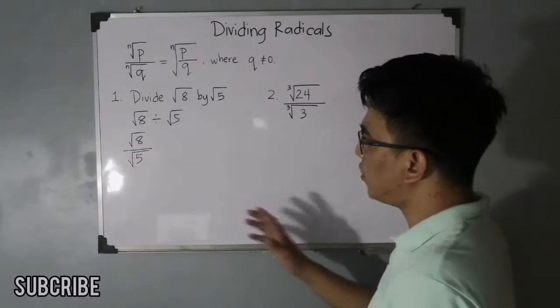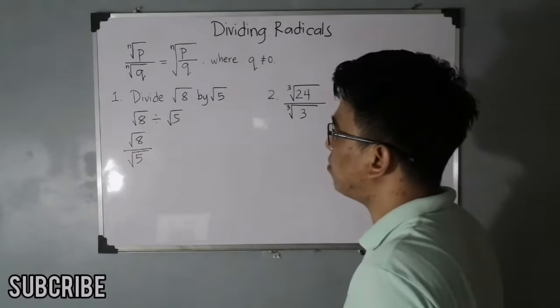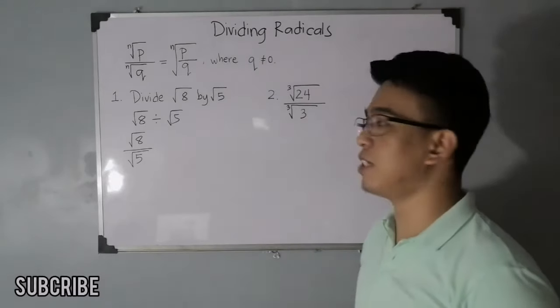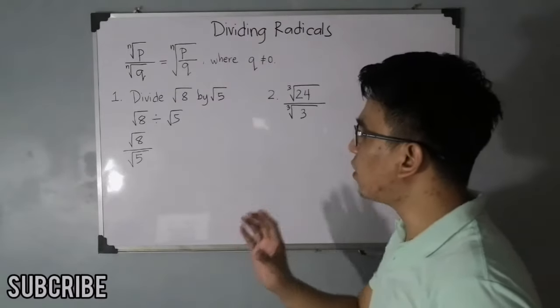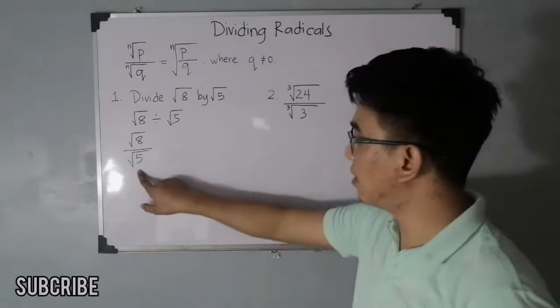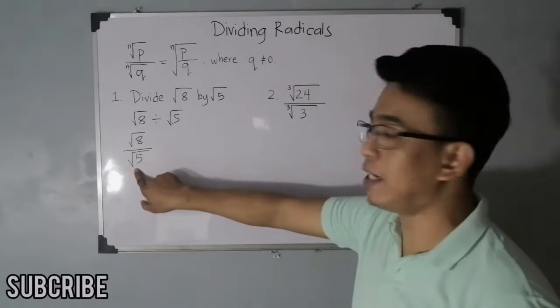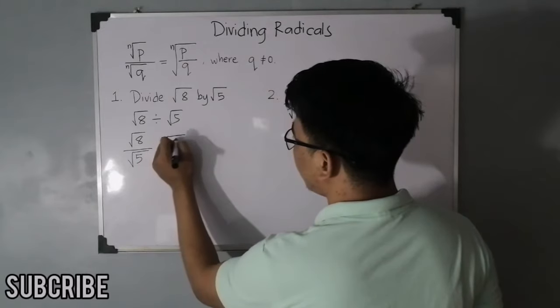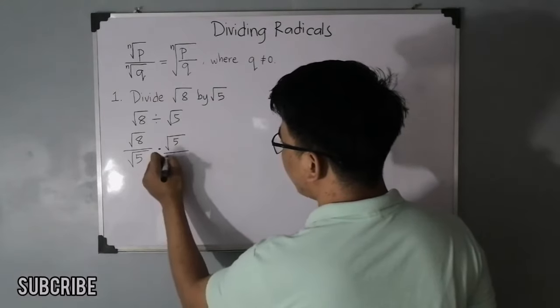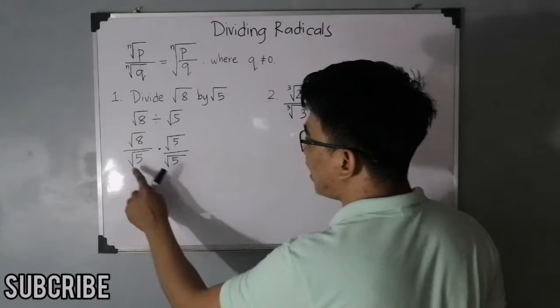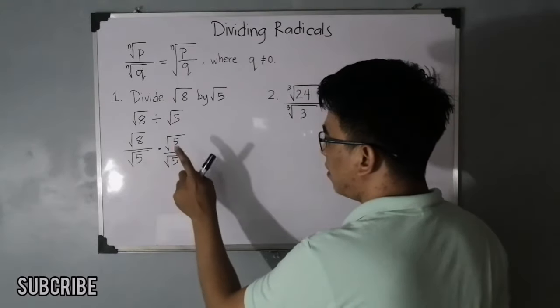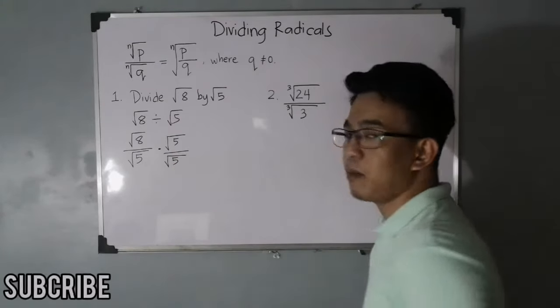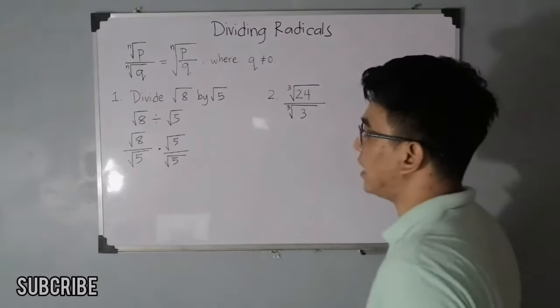And as you can see, in this kind of problem, we can use rationalization, wherein all we need to do is to eliminate this radical in your denominator by multiplying it by the square root of 5 over the square root of 5. Because when we multiply the square root of 5 by the square root of 5, it will give you a perfect square number as your radicand.